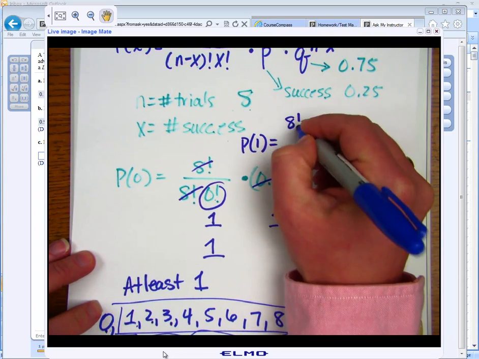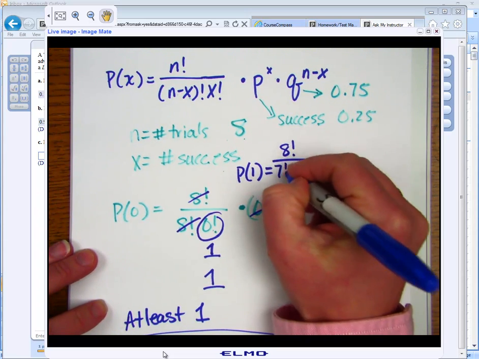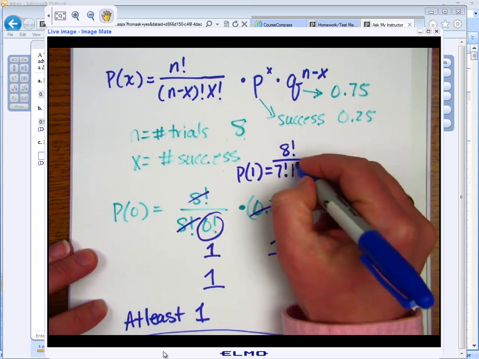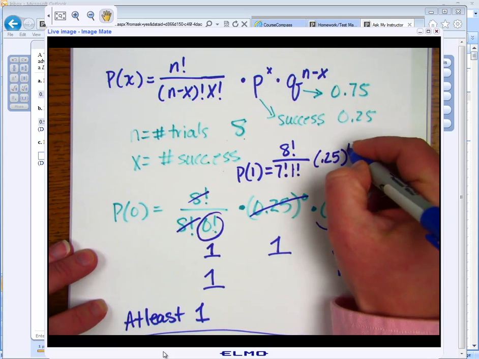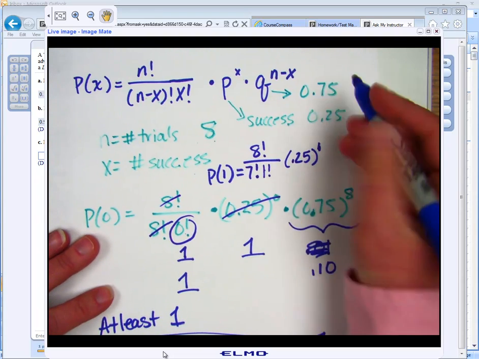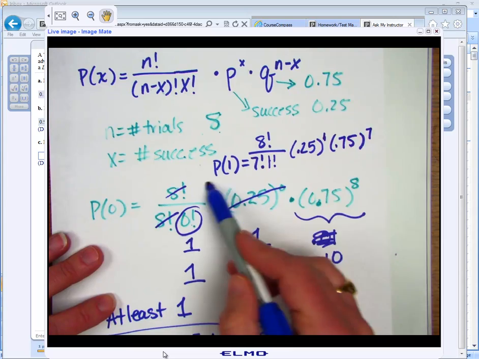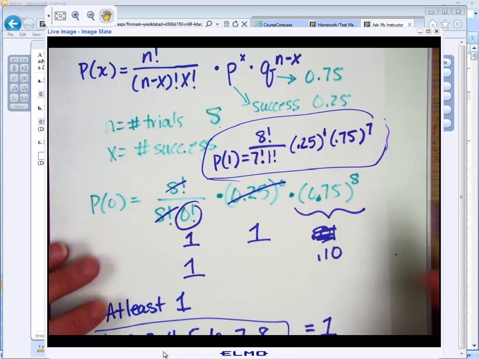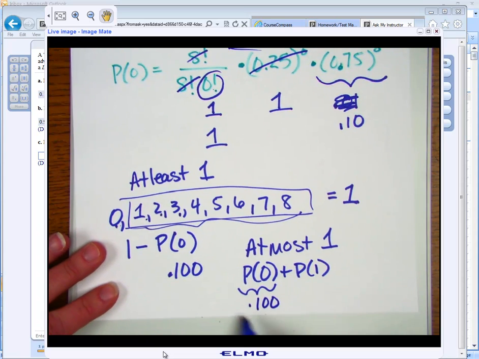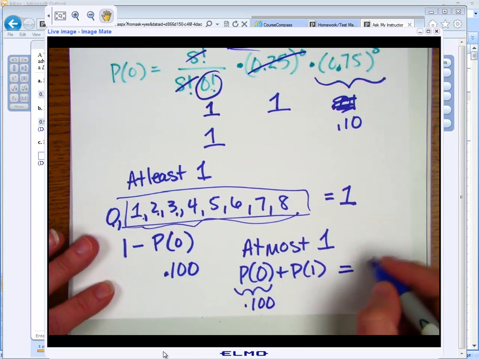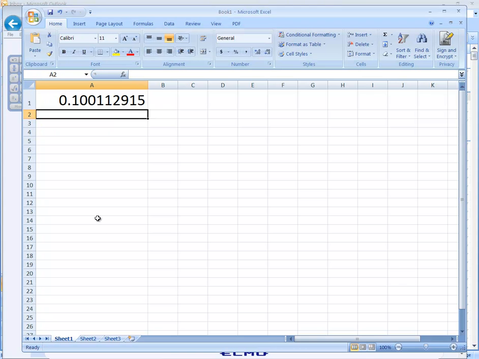That would be 8 factorial, but now we've got 8 minus 1, so that's 7 factorial, 1 factorial. We would have 0.25 raised to the 1, because that's 1 success, and 0.75 raised to the 7. So if we calculate this out, we would get the probability of 1. We would add it to our 0.100 that we had before, and that would give us the probability of at most 1. But again, we can do this in Excel.